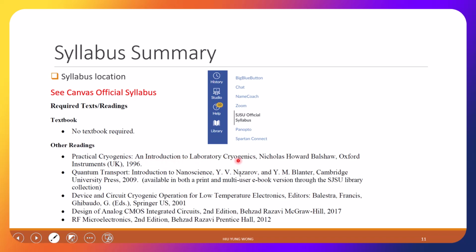For example, this one talks about the cryogenic equipment. This one talks about quantum dots, quantum transport. Again, you don't read the whole book because many parts are not relevant to this class. But quantum phenomena appear, right, only at low temperature, most of the phenomena.